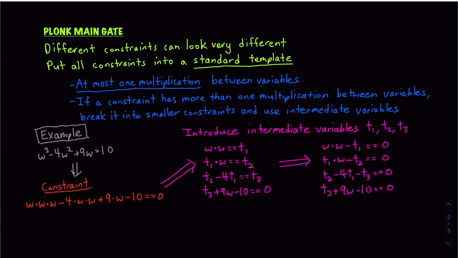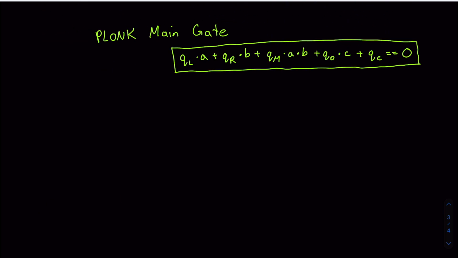And this brings us to that standard template, which is called the PLONK main gate. QL times a plus QR times b plus QM times a times b plus QO times c plus QC equals 0. This is really just a generalization of everything we've written so far. Every single one of our constraints can be expressed in this form.